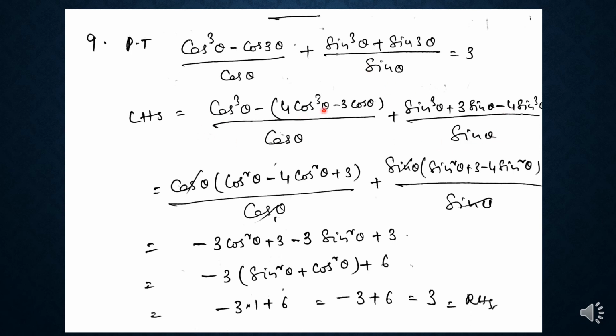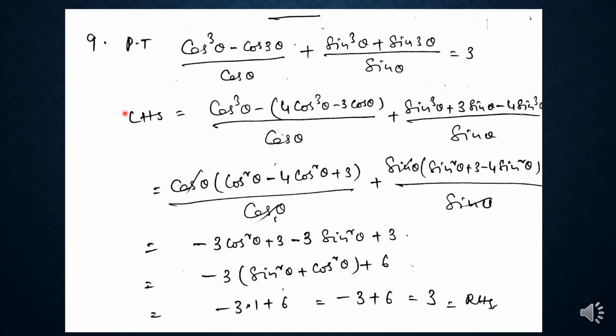So in these terms cos theta is common. This can be written as cos cube theta minus 4 cos cube theta plus 3 cos theta. So we can take cos theta as common here: cos theta into cos square theta minus 4 cos square theta plus 3, divided by cos theta.